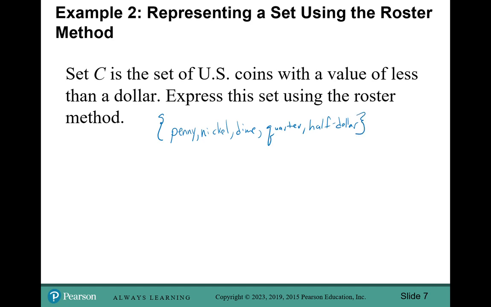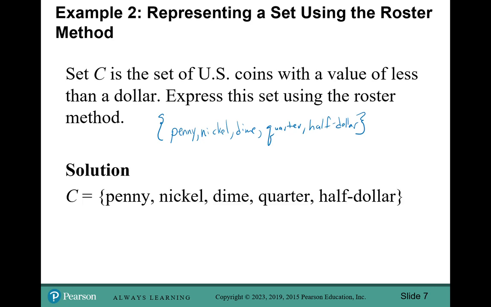I want to finish my roster method with my other brace. So this tells me that this is my set. As you can see, that solution is correct. Something of note here, especially if you are naming the set using a letter, it is important not to forget the step where you actually set that letter equal to the set itself.